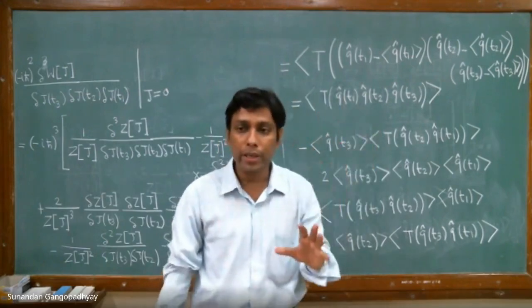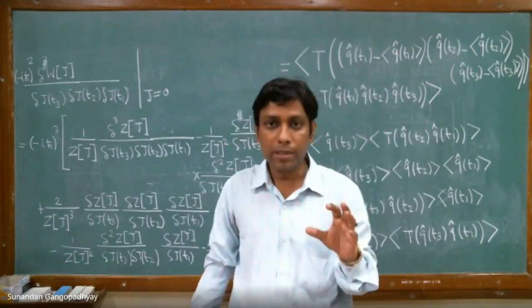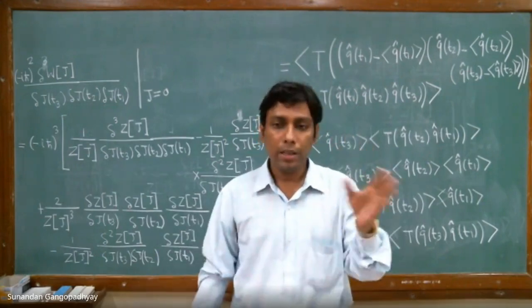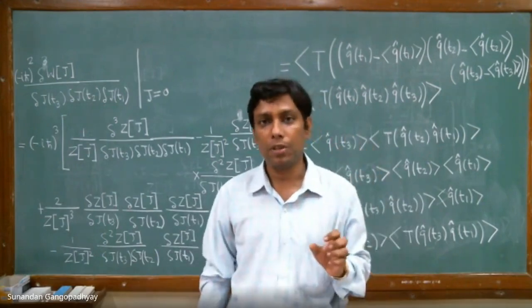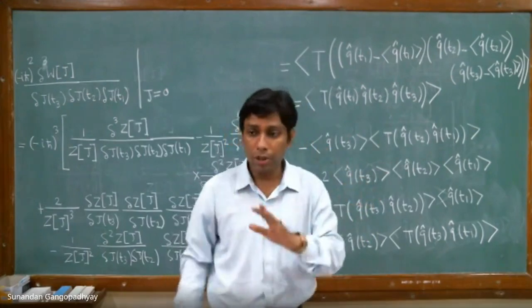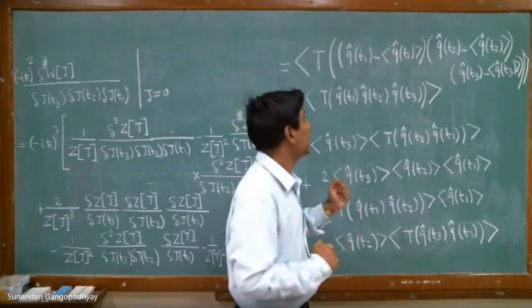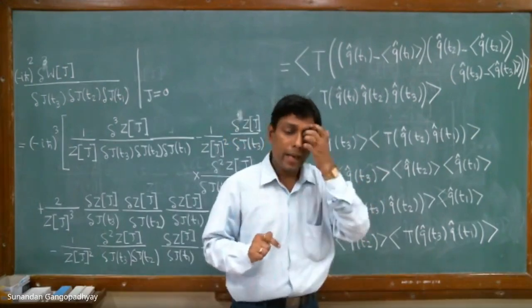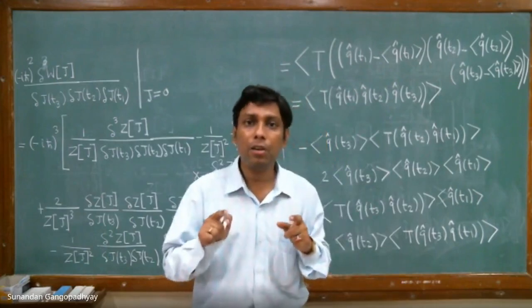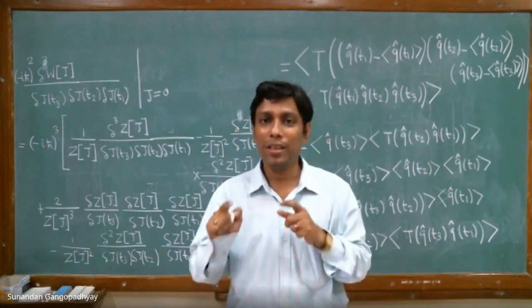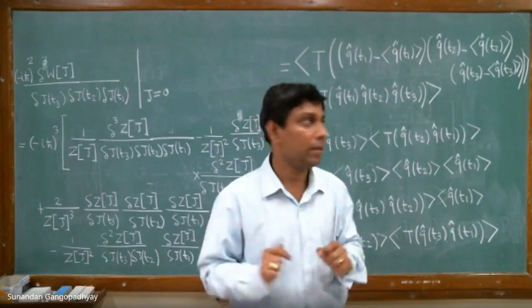But for the harmonic oscillator case, we have computed the 2-point function explicitly from the generating functional. It is basically the Feynman-Green's function of the theory for the free quantum harmonic oscillator. And we also noted that the expectation value of Q hat at time t is basically 0 for the harmonic oscillator.